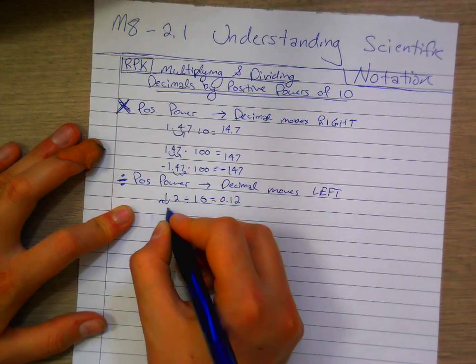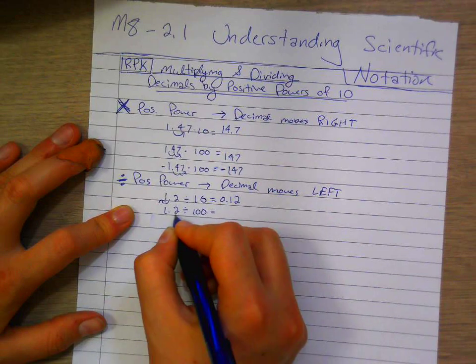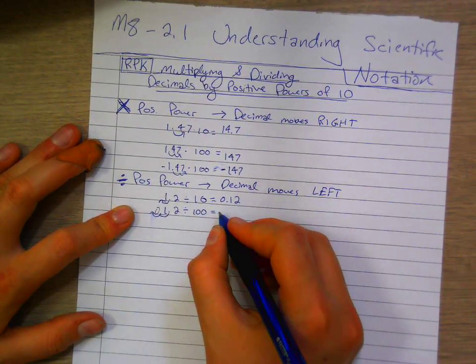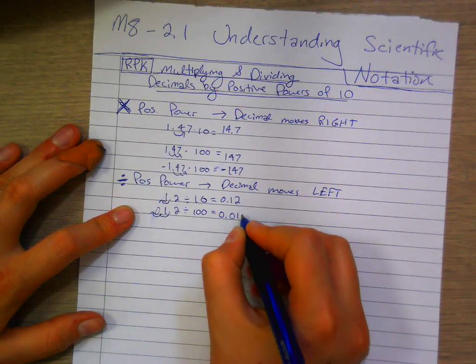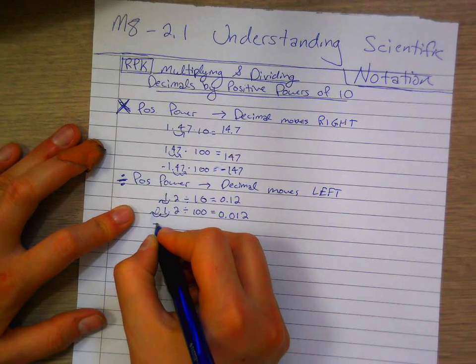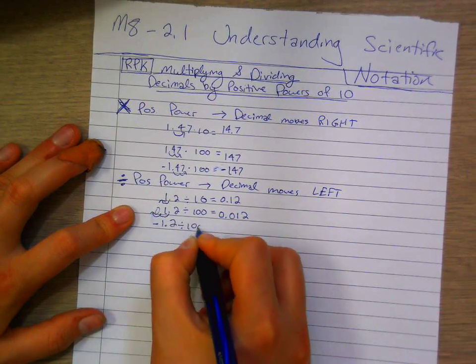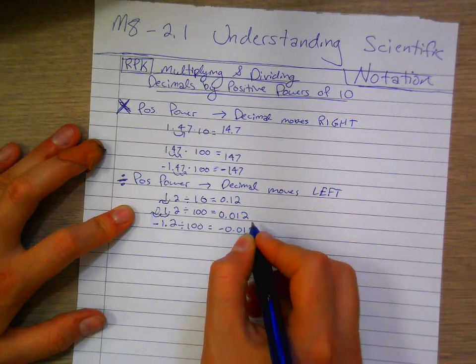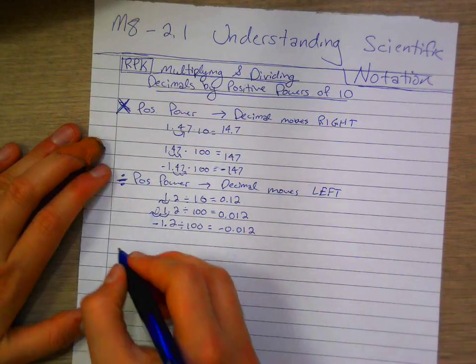If we have 1.2 divided by 100, the decimal goes over 2 places, so we need this extra 0 here, and it becomes 0.012. It works the same with a negative number, not negative exponent, but negative number, divided by 100 is going to equal negative 0.012.